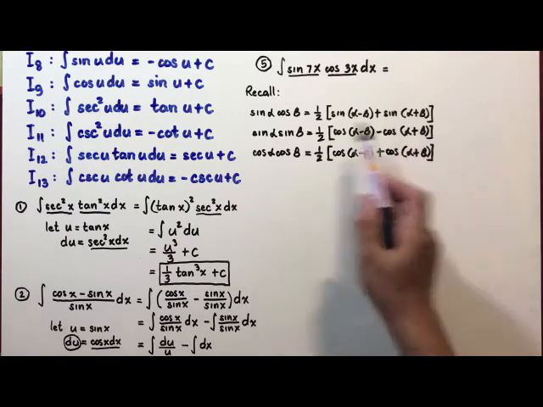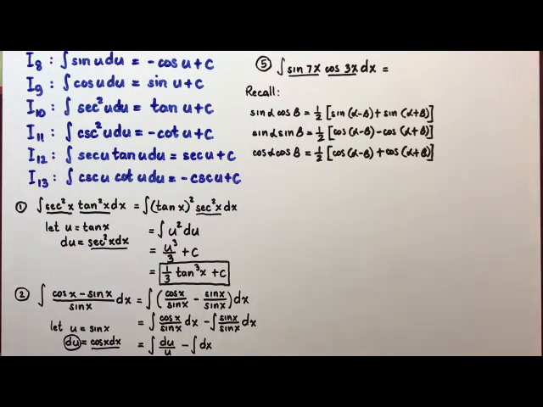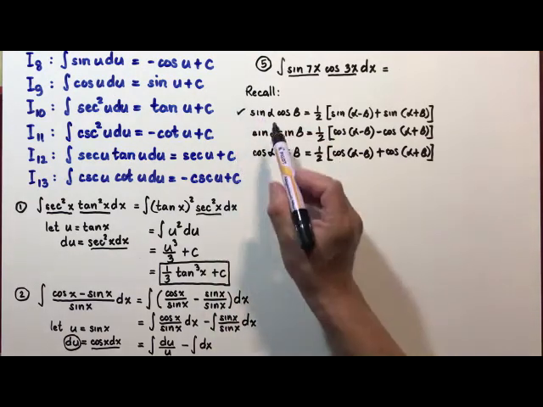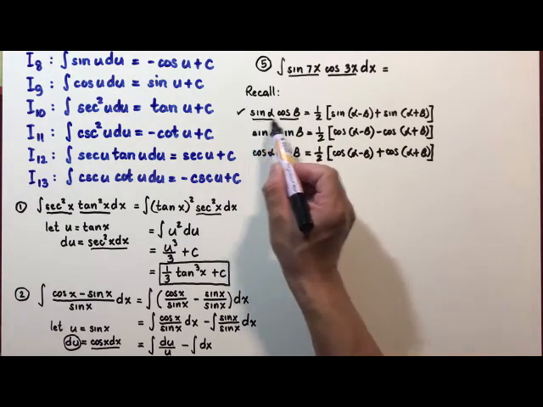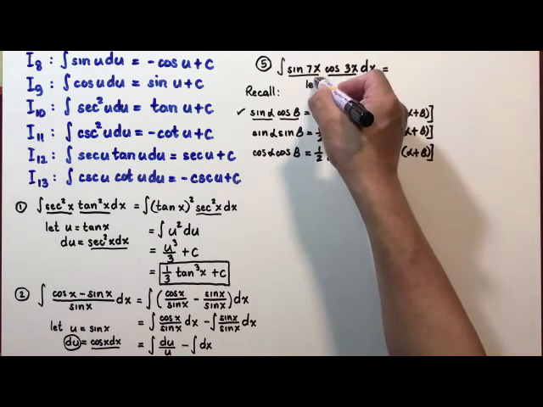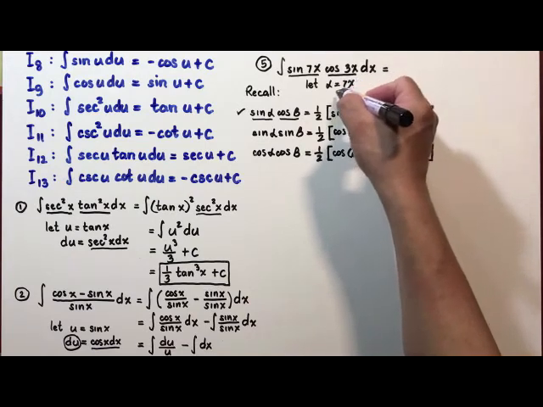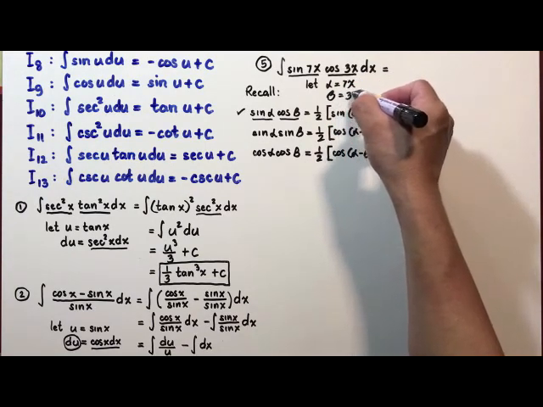So applying one of these to our integrand, we can apply the first one here because this is a product of two trigonometric functions, sine and cosine. So we will let our alpha be 7x and our beta be 3x.